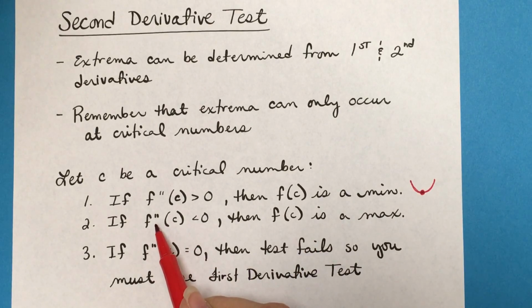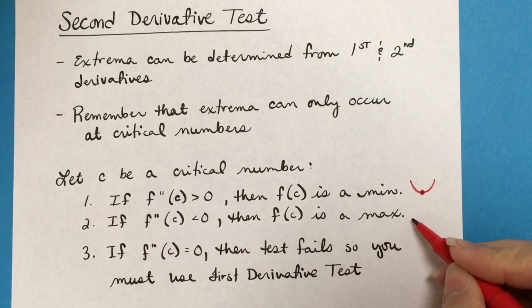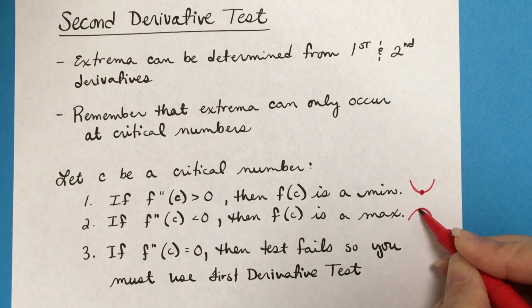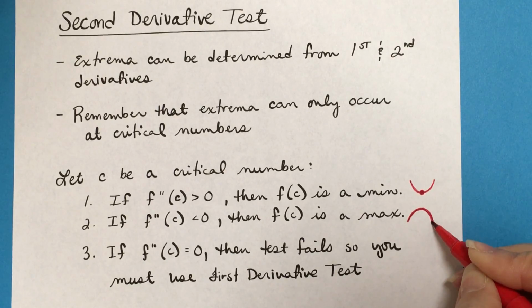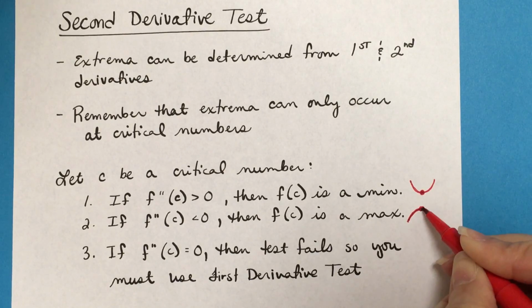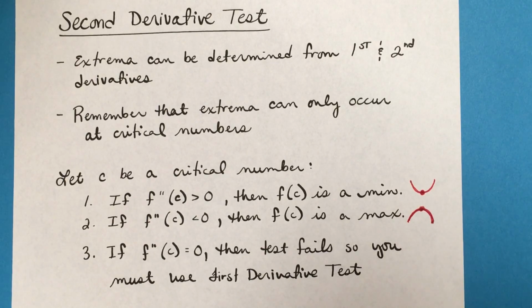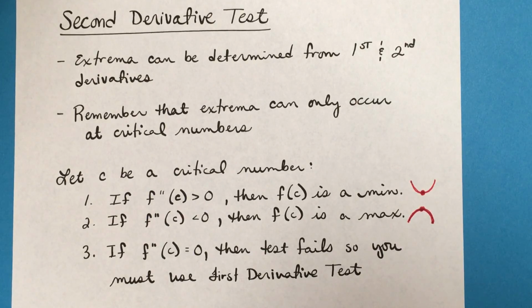If your second derivative is less than 0, we learned that that meant concave down. So if you have a section of your graph that's concave down, then that puts a point up here at the top, which actually would give you a max. So that's why it's right the opposite of what you think it would be.